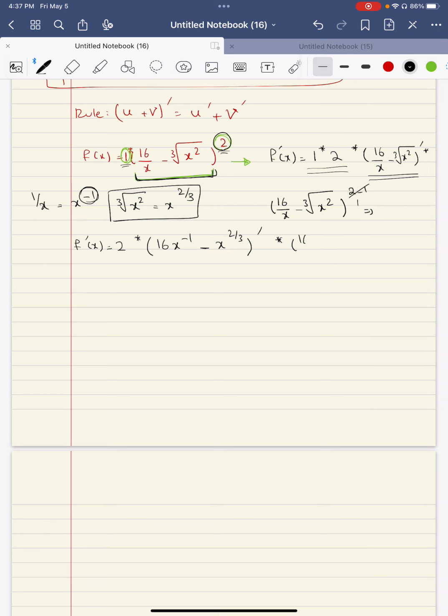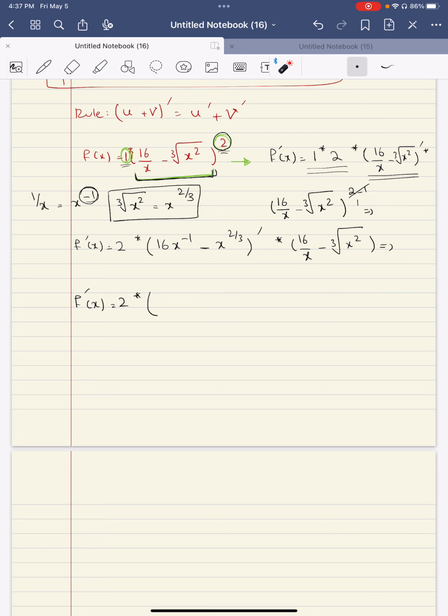So it will be (16 over x minus the cube root of x to the power of 2) to the power of 1. Then, one step further. 2 times, in here, we have (16 times x to the power of -1 minus x to the power of 2 over 3) prime, derivative of this.